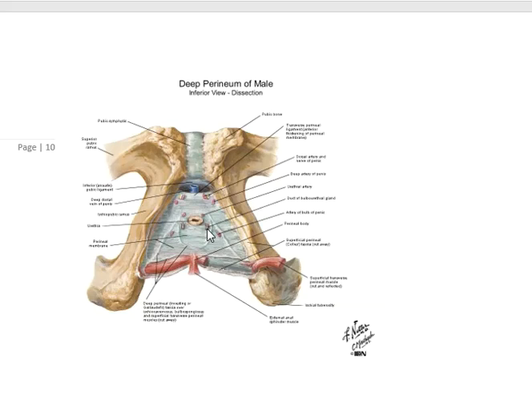I will show you this gland in the deep perineal space: the bulbourethral gland. The bulbourethral glands themselves are located in the deep perineal space, but their ducts pierce the perineal membrane and reach the superficial perineal space.